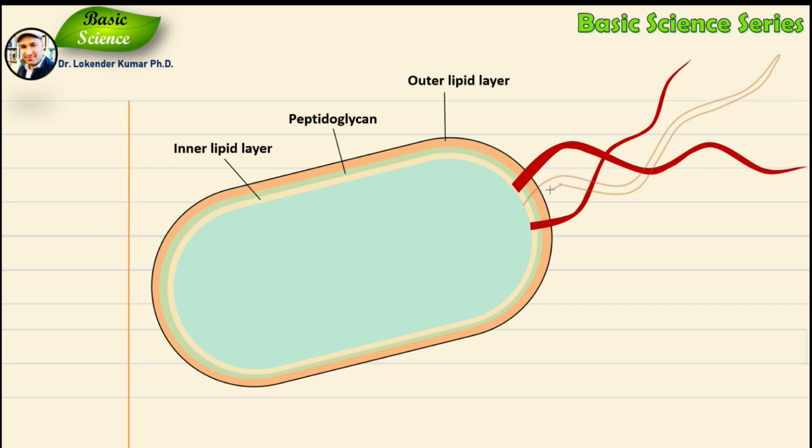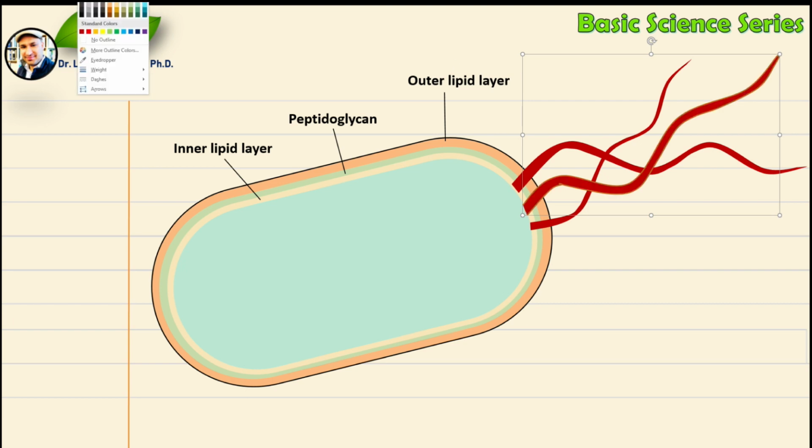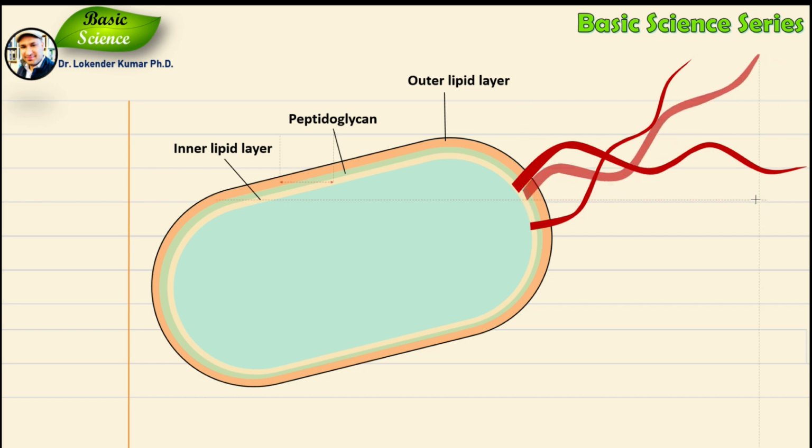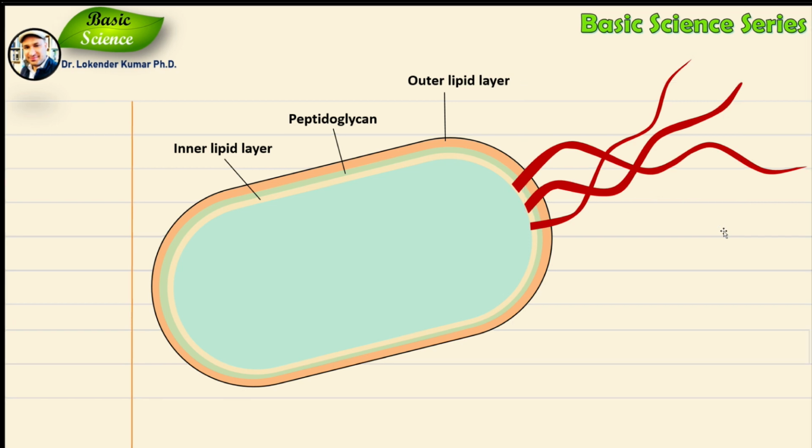So there is some bad artifact, but anyways, I'm going to use this because I'm going to color the whole thing. So you have all the flagellar structures right here on the bacterial cell.